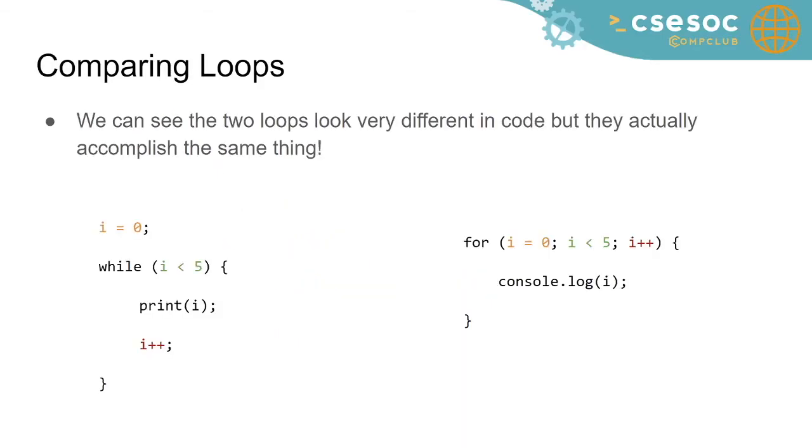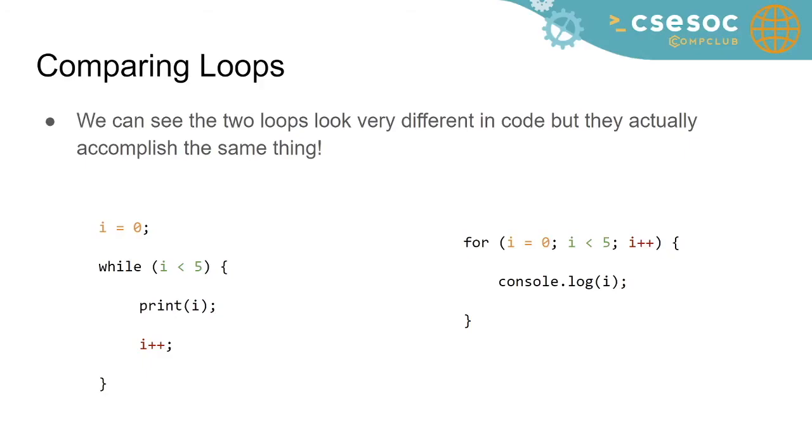Now let's take a look and see how these two loops are similar, but also different at the same time. The highlighting of the color is done here, so you can see what parts match up. Our yellow is our setting up condition, so we can see it exists on both sides in different places.